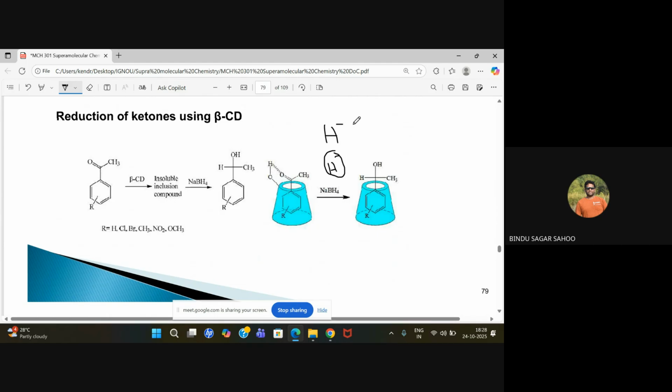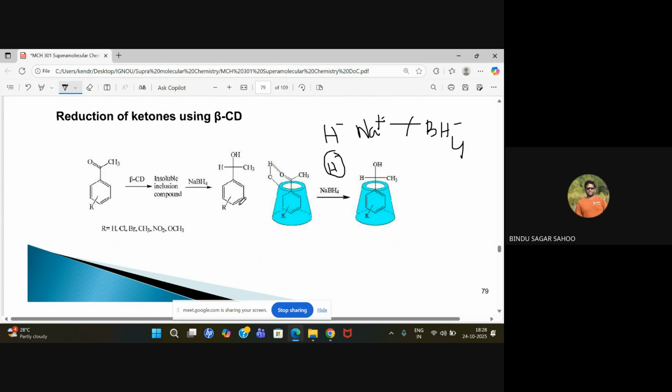The NaBH4 will be in the form of Na plus and BH4 minus, and from this BH4 minus, one of the H minus will get separated. This H minus will attack particularly the carbon center, and it will get converted to O minus, and on further addition of H plus ion, it will get converted to the alcohol.